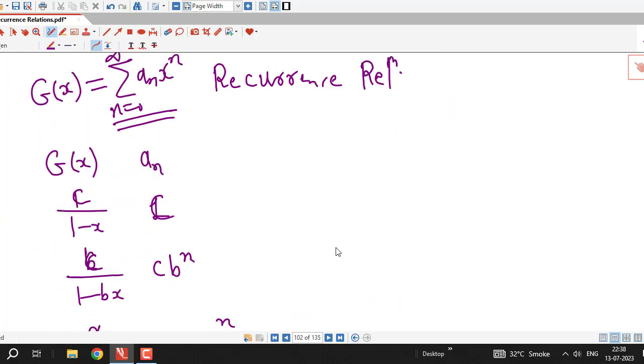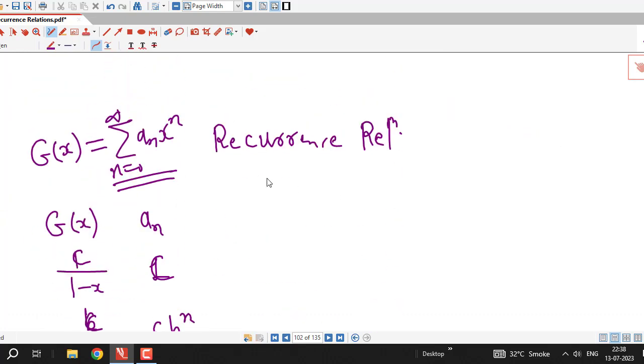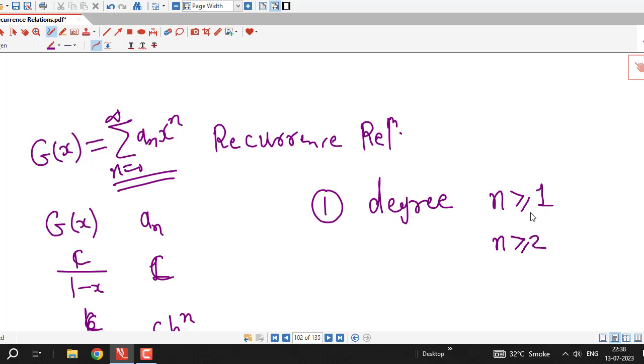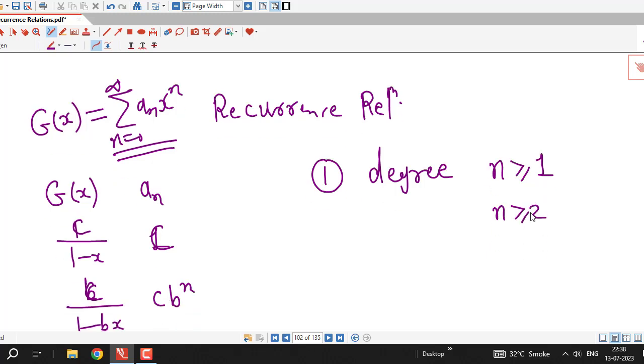And the method is easy. What we have to do is, first you decide what is the degree of the given recurrence relation, that is the first step. So that will give you the range of n. If your degree of recurrence relation is 1, then n can take the value from 1 to infinity. If degree is 2, then n is from 2 to infinity.